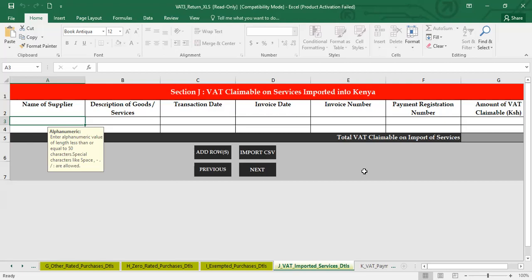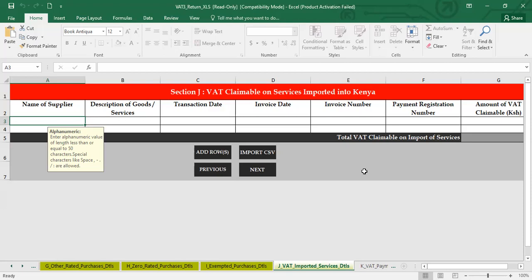Maybe you had paid the VAT on these services, and they are not supposed to be paid for. There are services that are exempt from VAT although they are being imported. This is where you claim them.